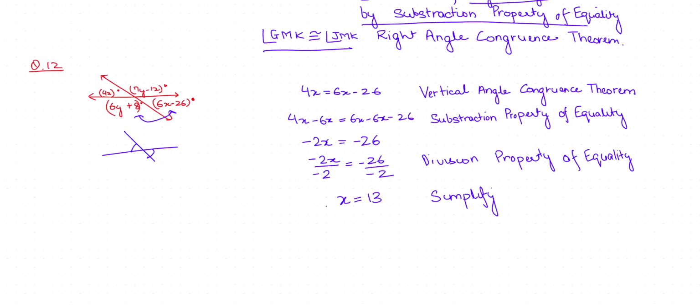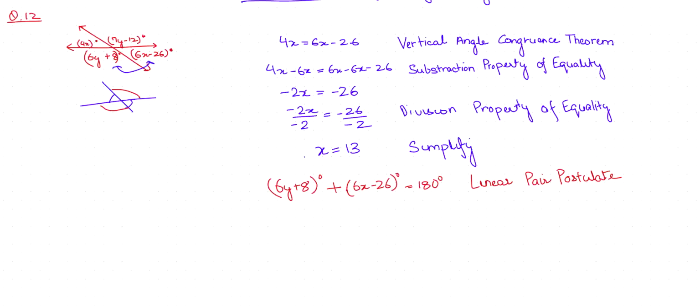Or we can use the vertical angle theorem using this angle is equal to this angle. So this is linear pair postulate. Both of these angles, suppose this is angle 1 and 2, add up to 180 degree. If two angles form a linear pair, they are supplementary, and supplementary means that they equal 180 degree.